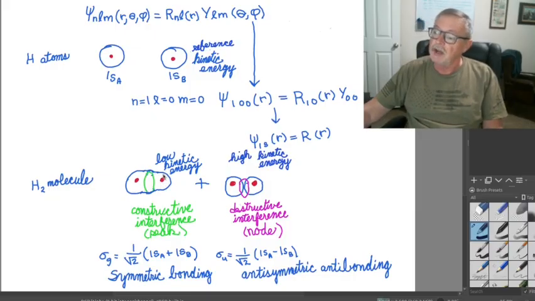H2 positive ion only has one electron. What if another electron comes along? Well, it could occupy the higher kinetic energy orbital, or it could somehow join the first electron in this orbital. And that's the question. Can two electrons occupy the same orbital?